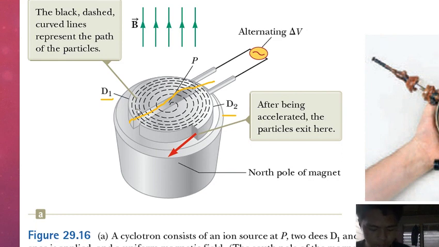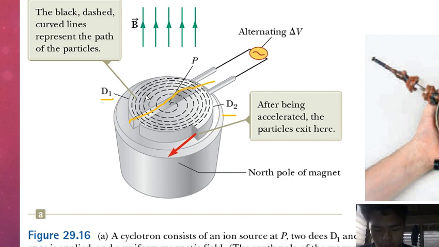So, a positive ion released at P, here in the middle near the center of the magnet in D1, moves in a semicircular path and arrives at the gap in a time interval T divided by 2. Since our T is one full revolution, a semicircle revolution is T over 2.